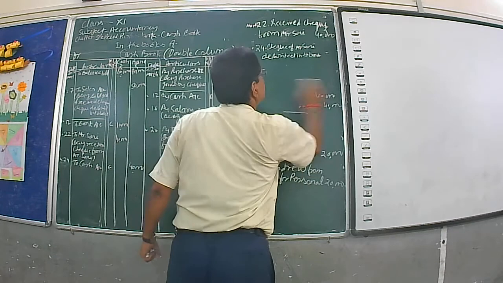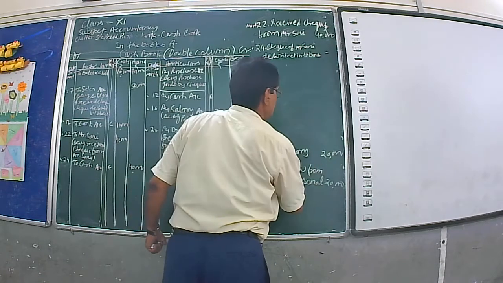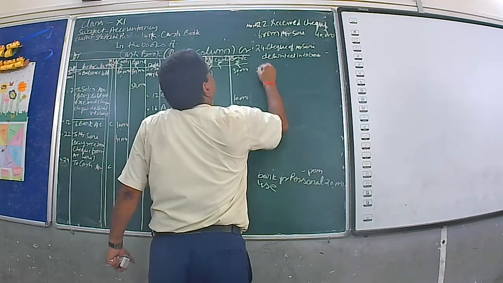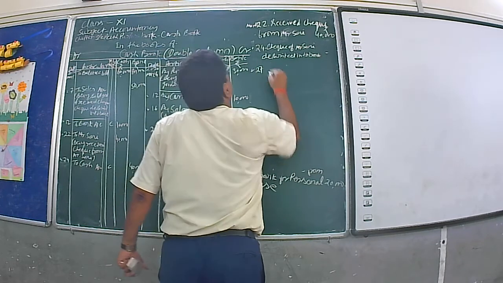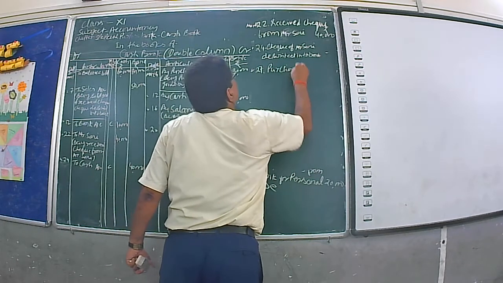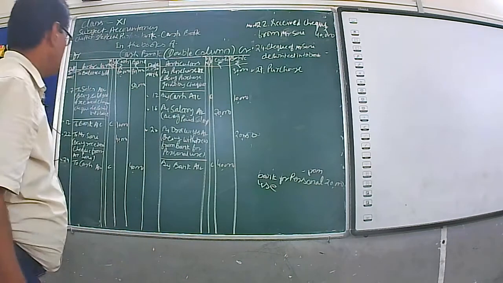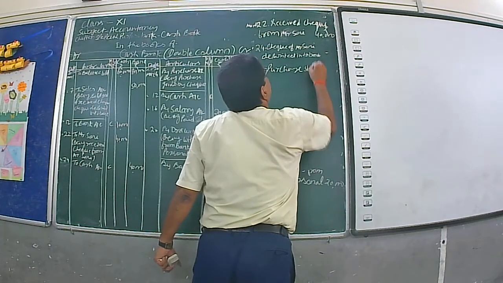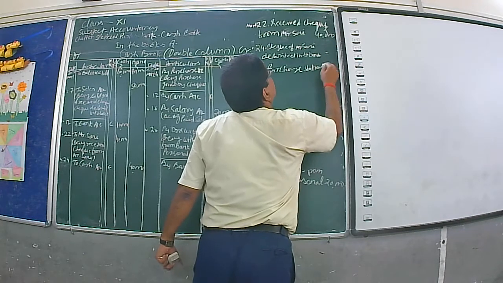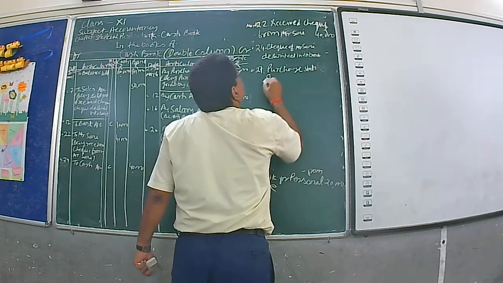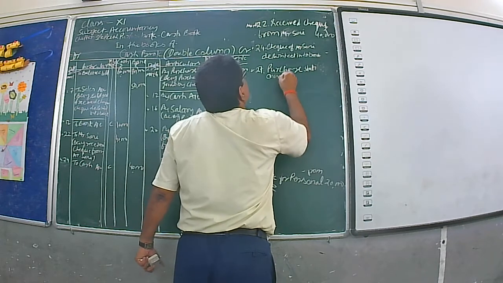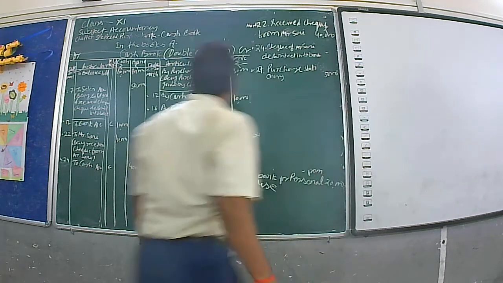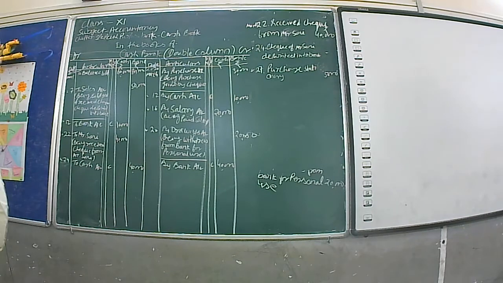Next, 27th March, purchase stationery rupees 5,000.